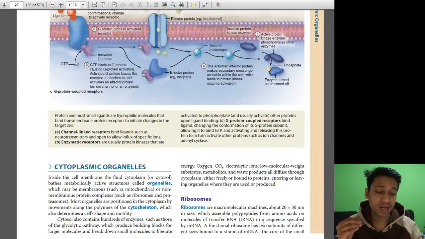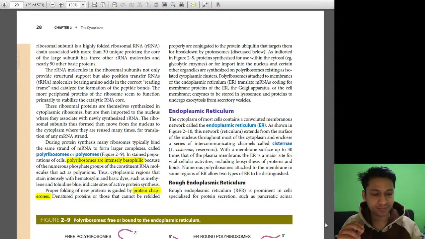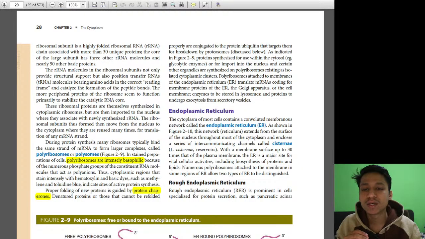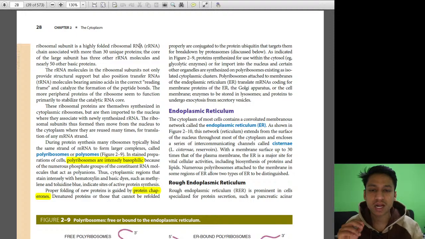A functional ribosome has two subunits of different sizes bound to a strand of mRNA. The core of the small ribosomal subunit is highly folded ribosomal RNA, that is rRNA, chain associated with more than 30 unique proteins.